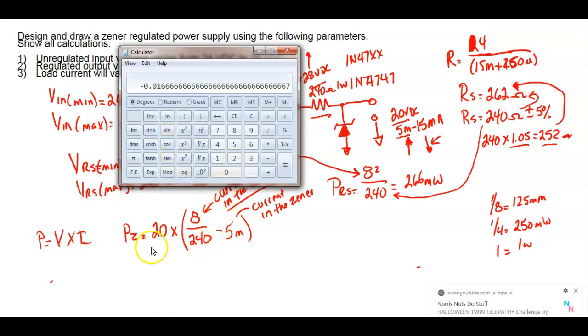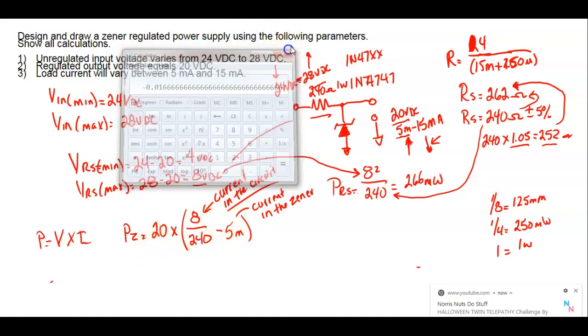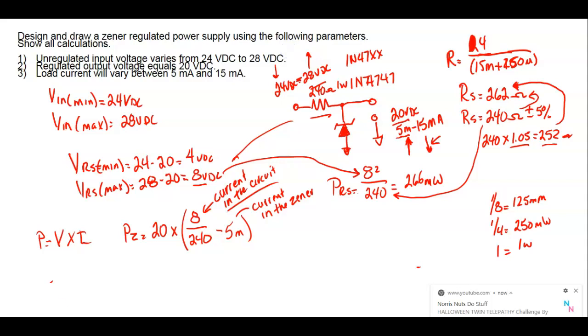Where did 20 come from? This is the voltage drop across the Zener, 20 volts, okay? So we're using the voltage drop across the Zener, and then we're trying to calculate the maximum current that ever flowed through the Zener, right?